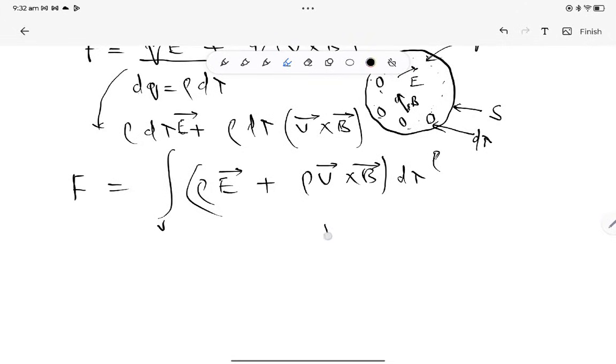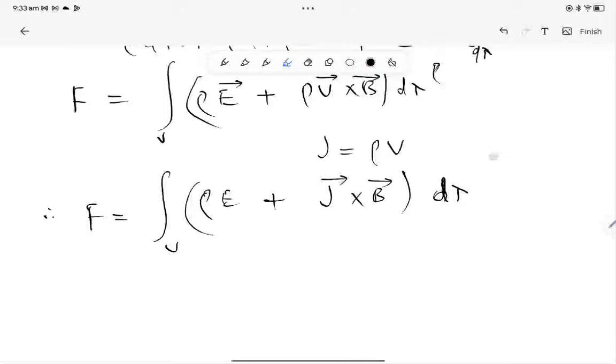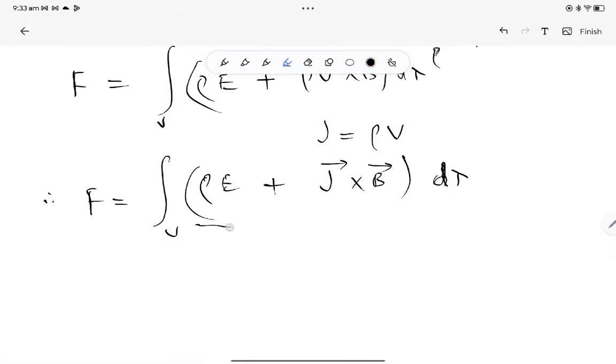This is the current density, J equals rho V. Substituting that, the total force on these charges in the volume is given by F equals the integral of rho E plus J cross B, into d tau. Now, what is force per unit volume?